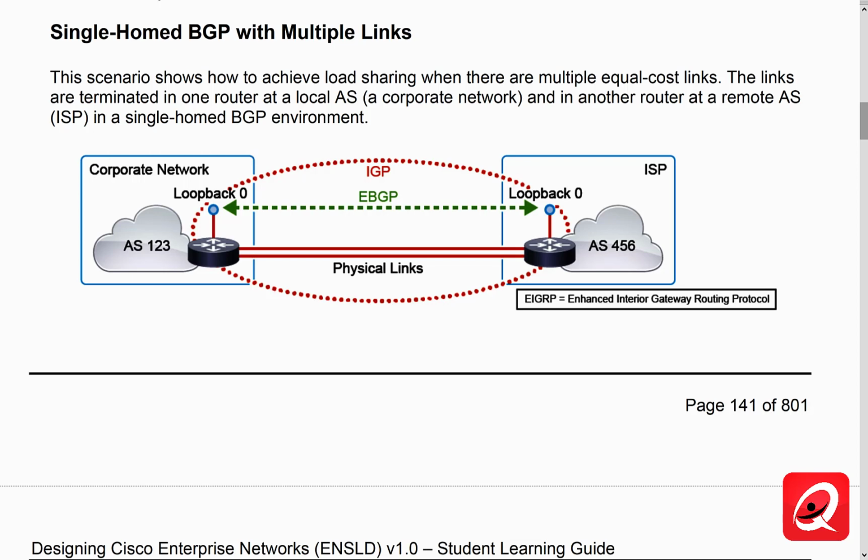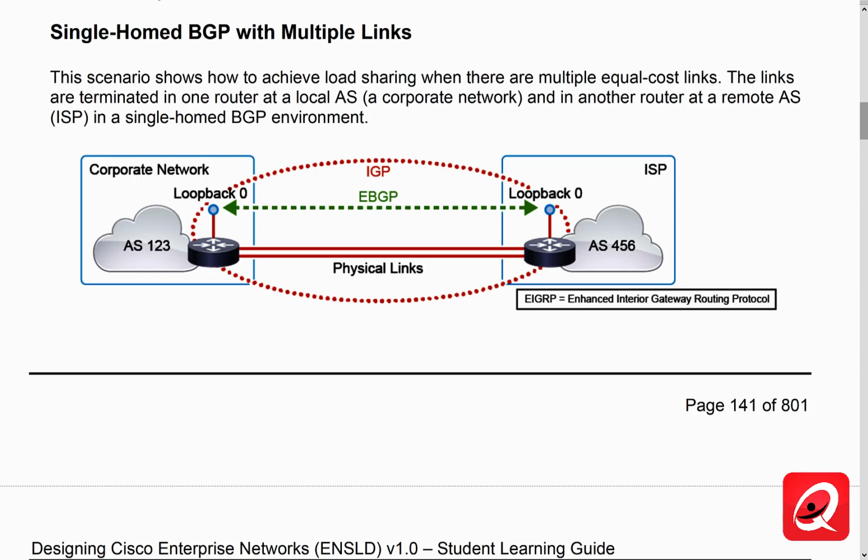I think in this particular case, they're representing the IGP protocol to provide the reachability between the loopback interfaces, which then in turn would allow us to form that eBGP peering relationship based on those loopback interfaces. But in most cases, we're probably going to end up using some sort of static routing as opposed to an IGP routing protocol. But there has to be reachability between the loopbacks.